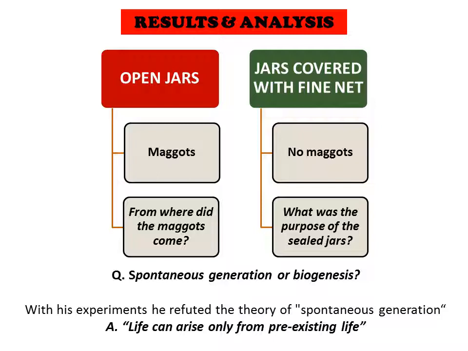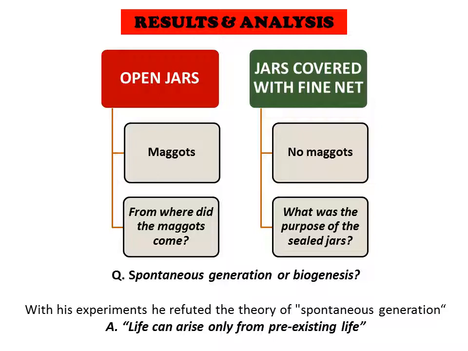His results were: open jars, there were maggots, and the analytical question that came was, from where did these maggots come? Second set of observations led to results: jars covered with fine nets, there were no maggots, and the analytical question was, what was the purpose of the sealed jars? So the wider question: spontaneous generation or biogenesis.